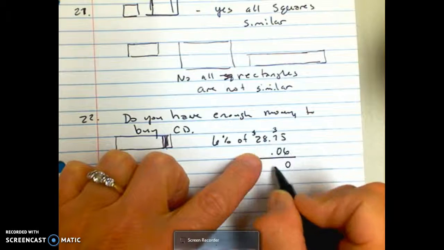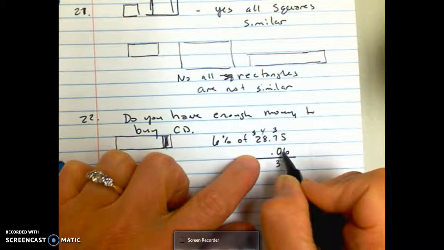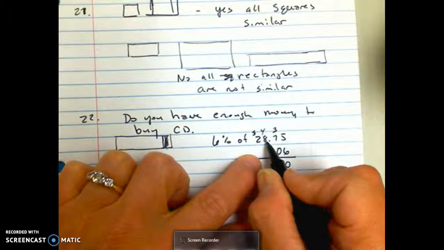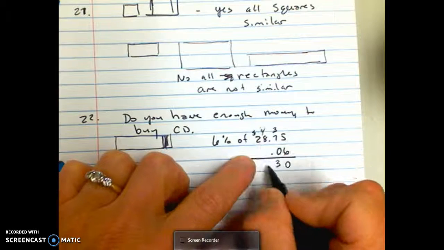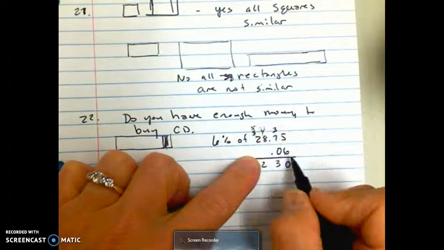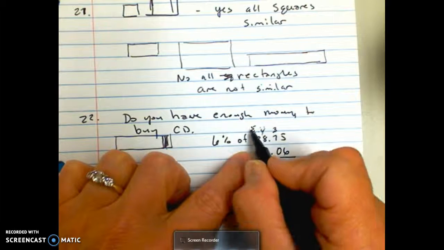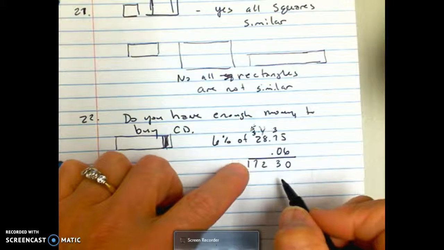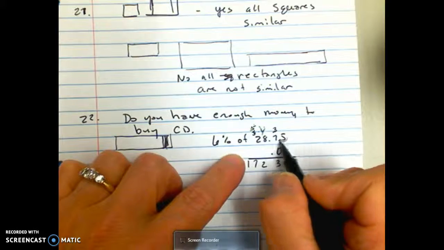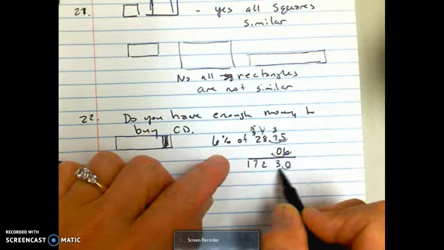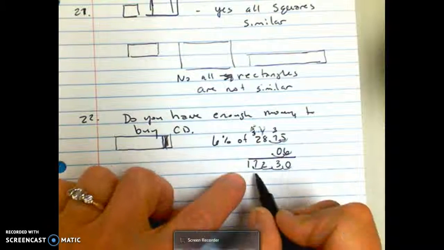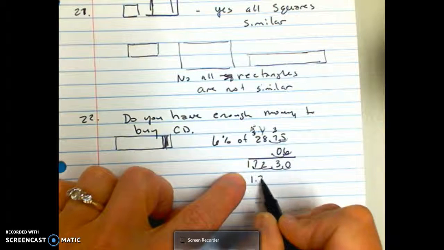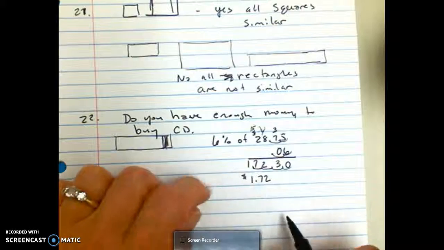Then we have to move the decimal 1, 2, 3, 4 places. So we end up where the tax is going to be $1.72 if you round it.